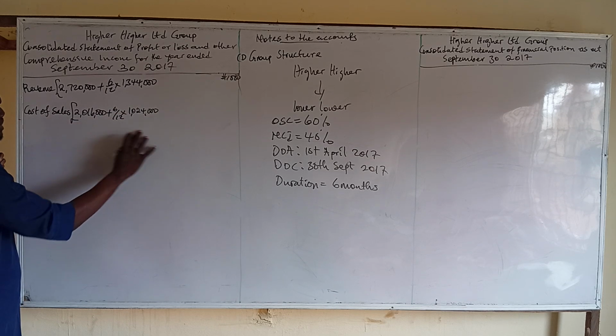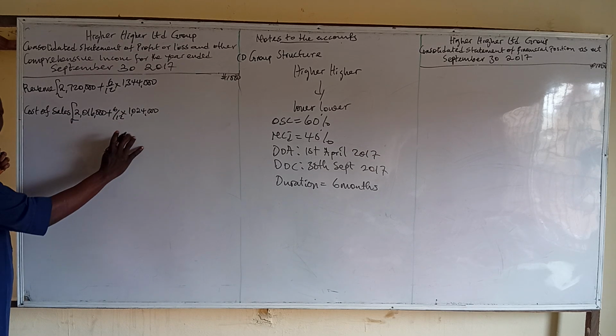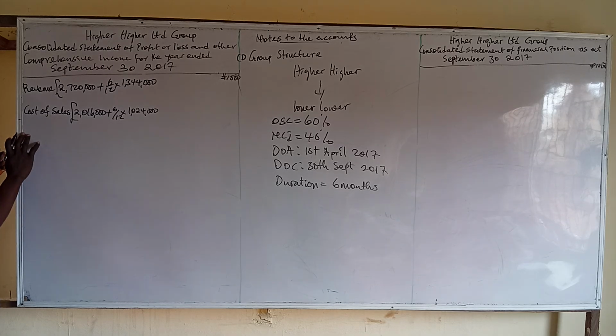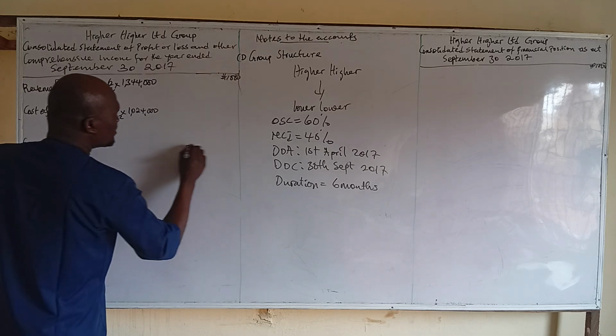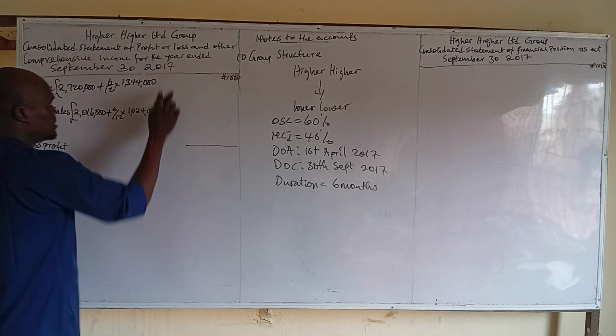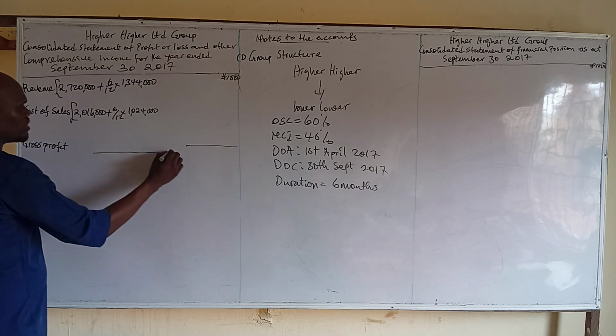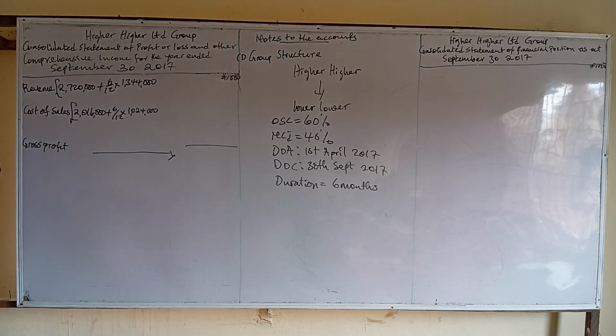So we leave enough space here for cost of sales. Leave a line and jump to the next line, because we still need to add and deduct some things there. So we move to gross profit. When we do the adjustment, we will have the gross profit here.